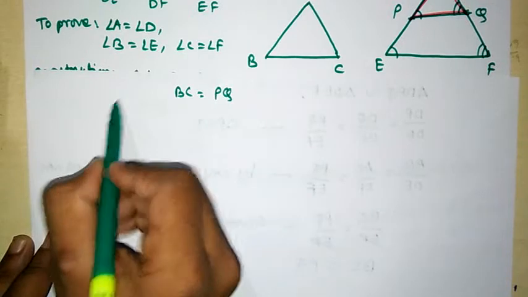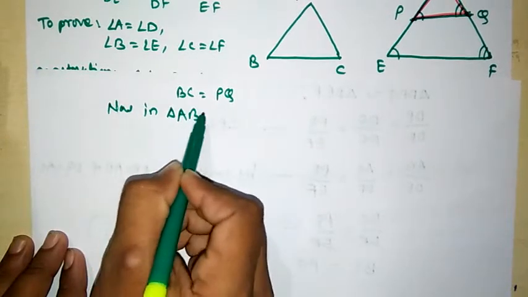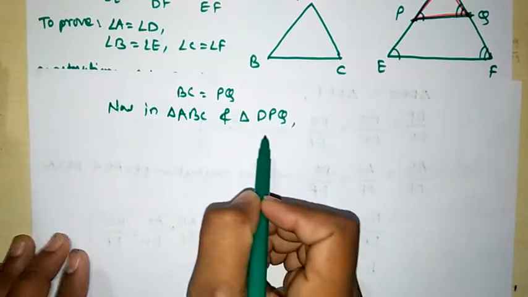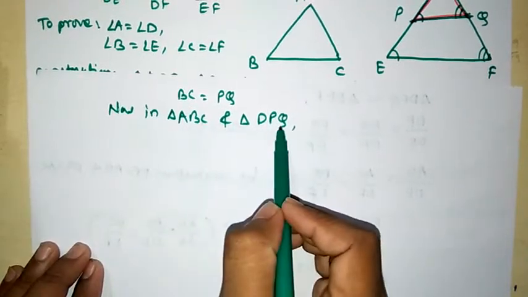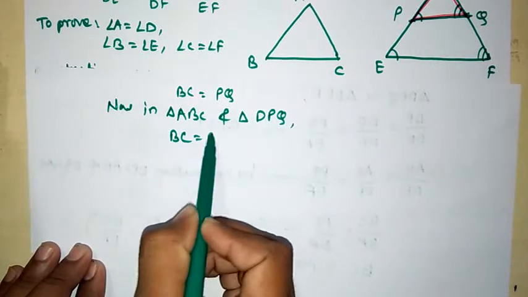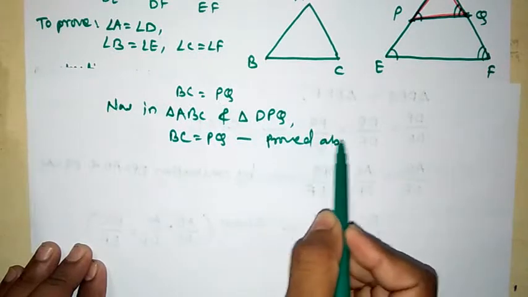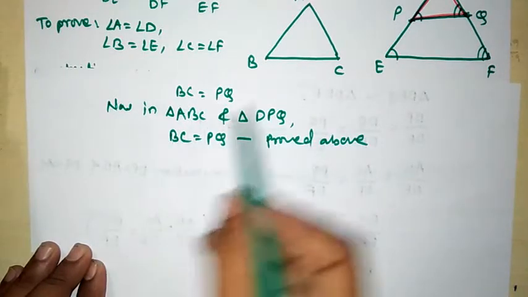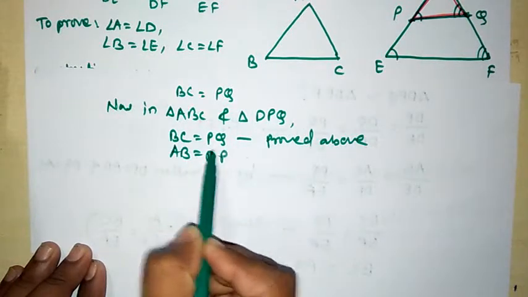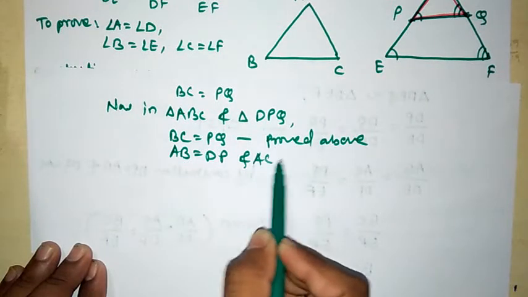Now in triangle ABC and triangle DPQ, we got BC = PQ. What is the reason? It is proved above. And AB = DP and AC = DQ.